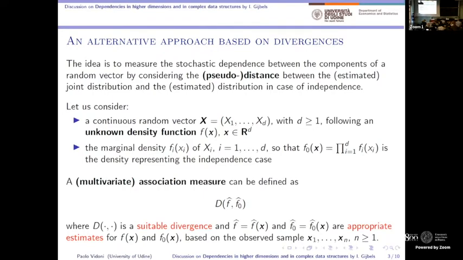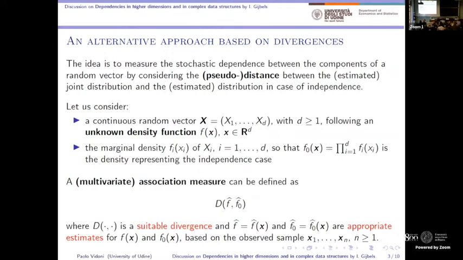If we consider a continuous random vector capital X and focus on density functions, there is an unknown density function related to this vector. We have the marginal densities, and then we can specify the joint density in case of independence.